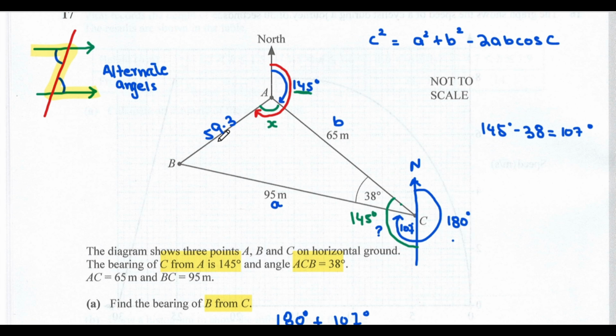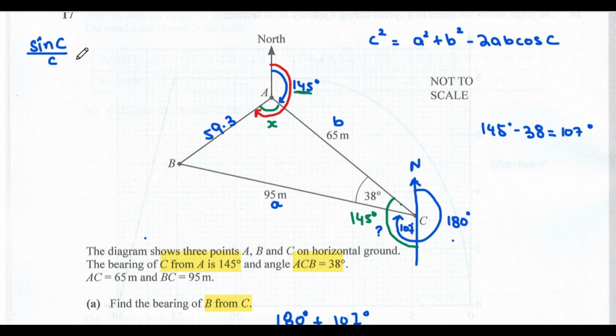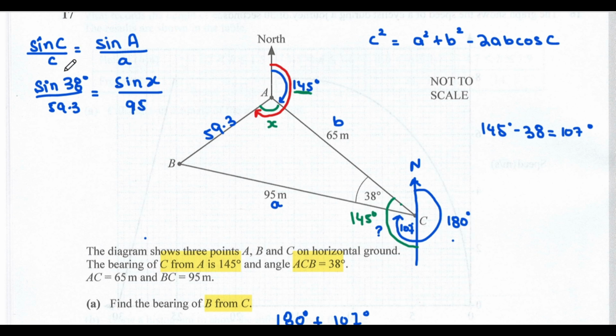Now we know all the three lengths of the triangle and we know one included angle as well. That means we can apply sine rule. So I am writing the sine ratio, which is sine C over c equals sine A over a. Angle C is 38, so it would be sine 38 over 59.3 equals sine x over a, whose length is 95.